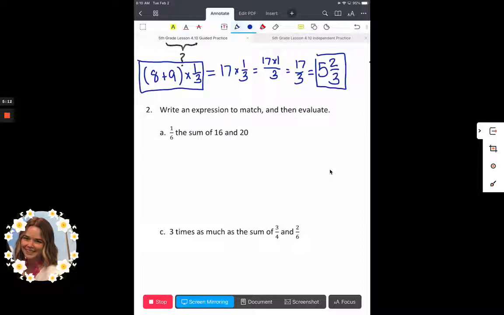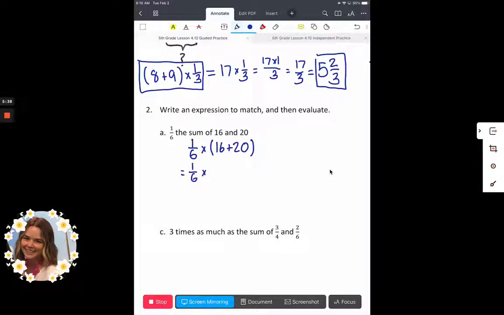When we see something that says the sum of 16 and 20, that's what we're going to want to put into parentheses. So I'm going to put my 16 plus 20 into parentheses, but I'm finding 1/6 of that, which means we're multiplying it by 1/6. And now we're going to solve.